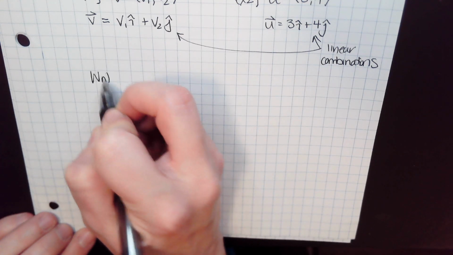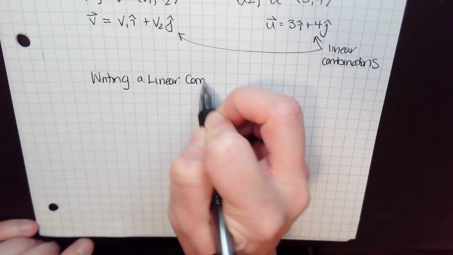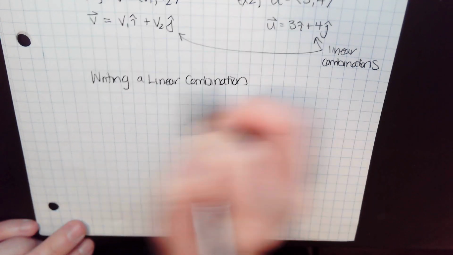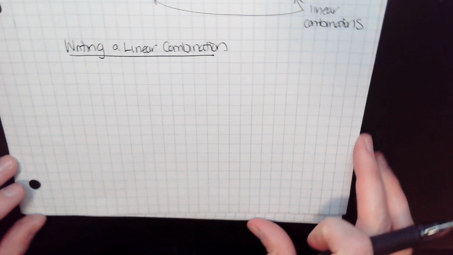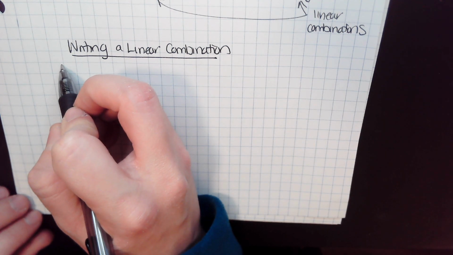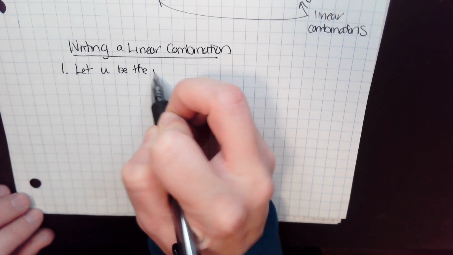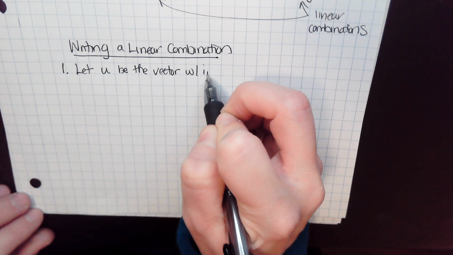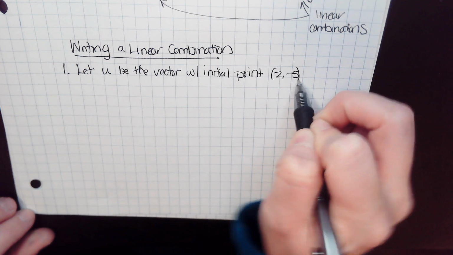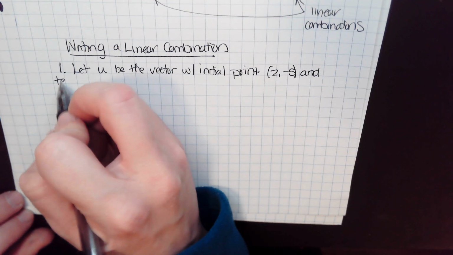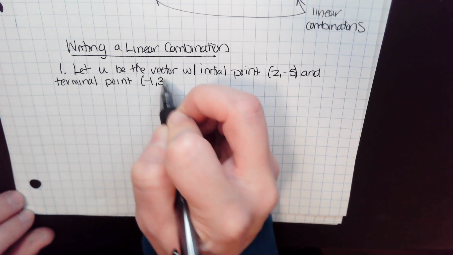Let's talk a little bit more about writing a linear combination. Number 1. Let u be the vector with an initial point at 2, -5, and a terminal point, the ending point, at -1, 3.